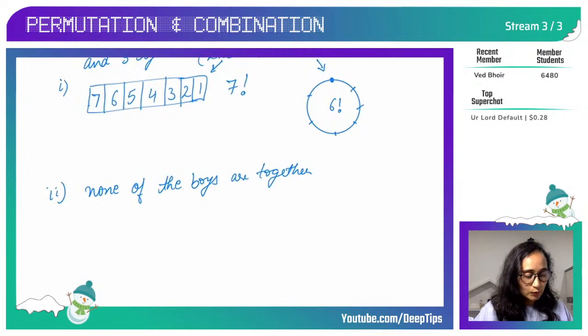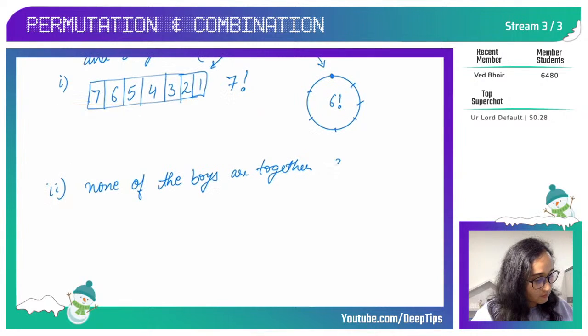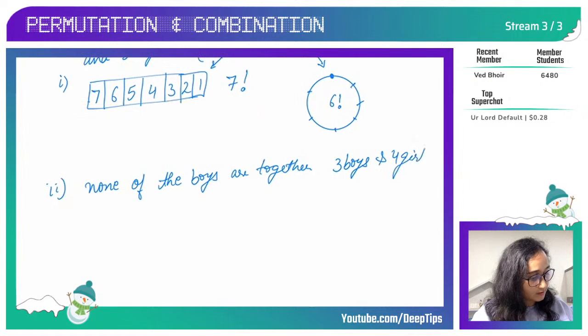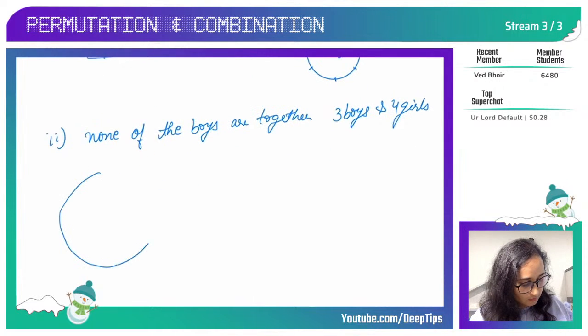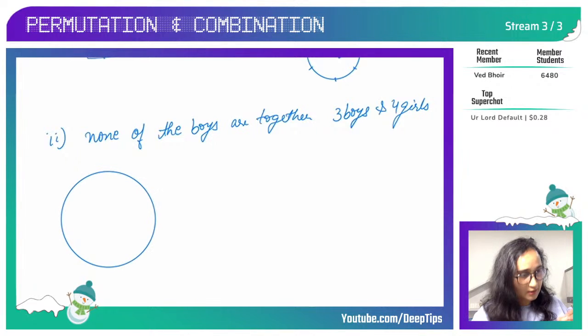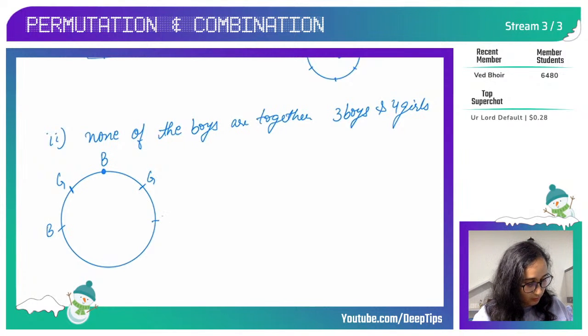But here the twist is, I have 3 boys and 4 girls. Suppose if I try thinking using a diagrammatic approach, I can just say, okay, I am fixing a place for a boy here, then 1 girl here, 1 girl here, then 1 boy here and 1 boy here.